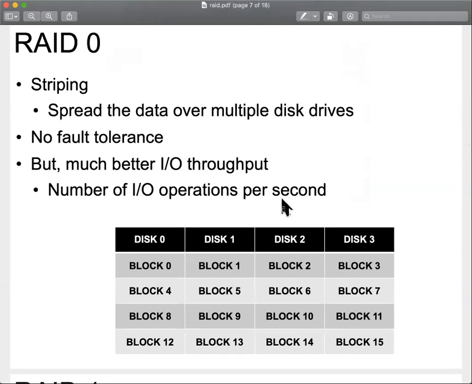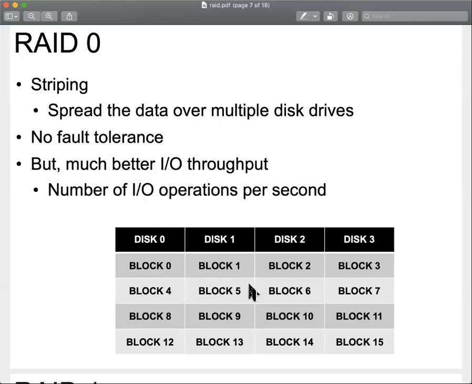By doing this, we can exploit greater parallelism because multiple I/O operations can be issued at the same time to different disks, and that way you can increase the throughput. The disadvantage here was that if any of these disks fail, we end up with the complete loss of data. So we get great throughput, but terrible reliability.